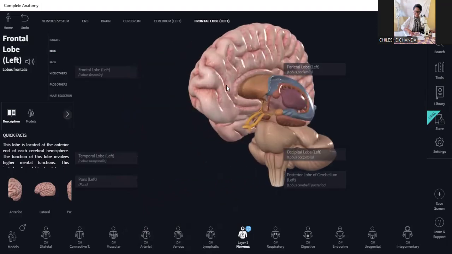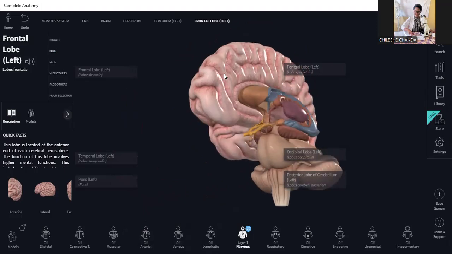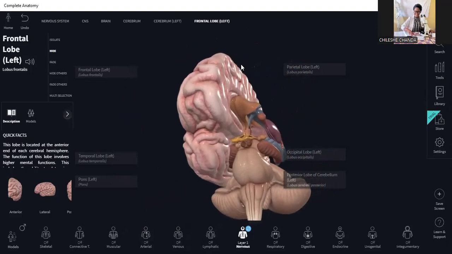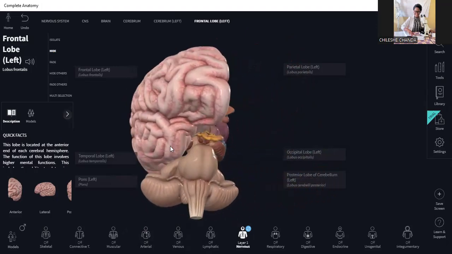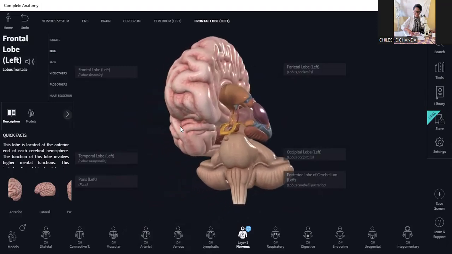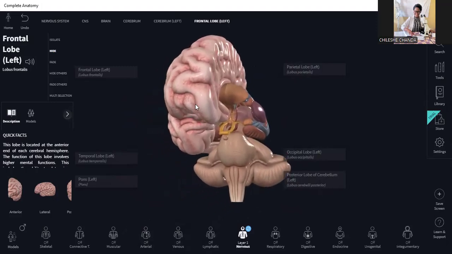And you notice that it has the inferolateral border, which separates the superolateral surface from the inferior surface. And you find that the anterior part of this border is known as the superciliary border.